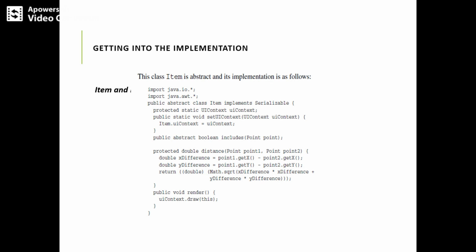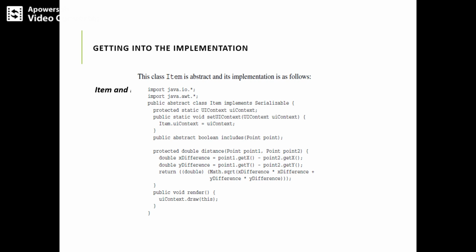Now we need to take this as a mathematical function with return type double: Math.sqrt of x difference times x difference plus y difference times y difference. This is the mathematical formula for the distance between the two points.